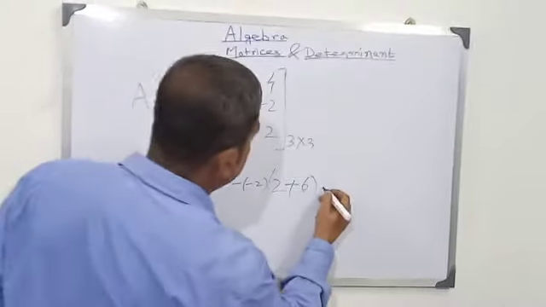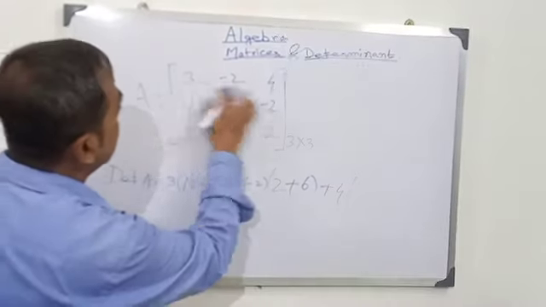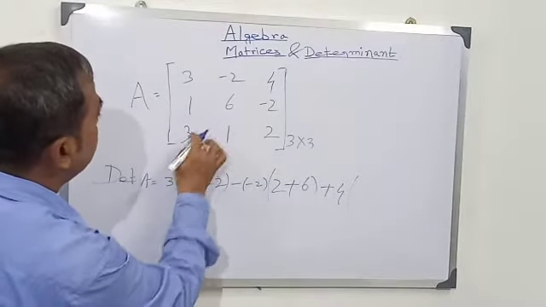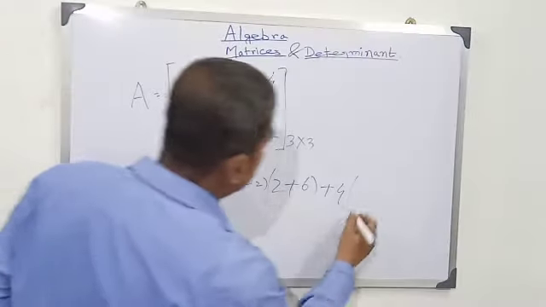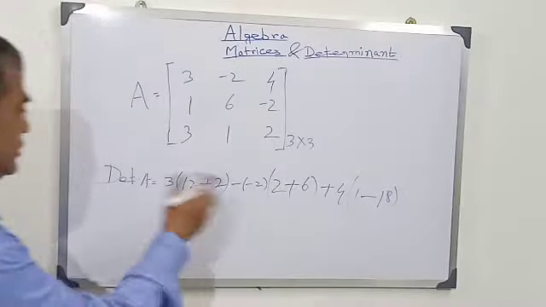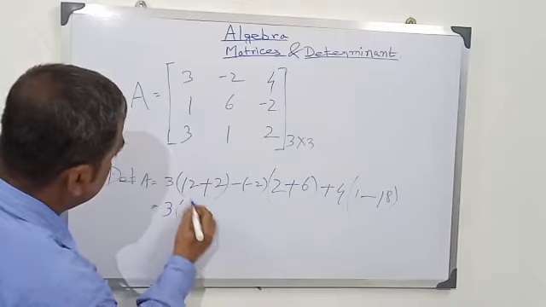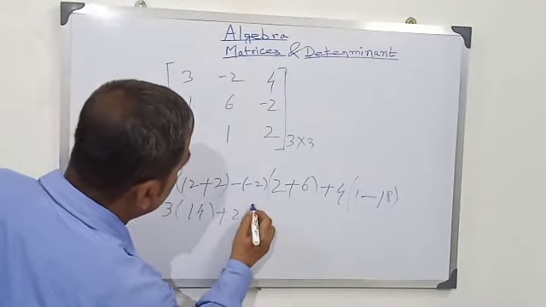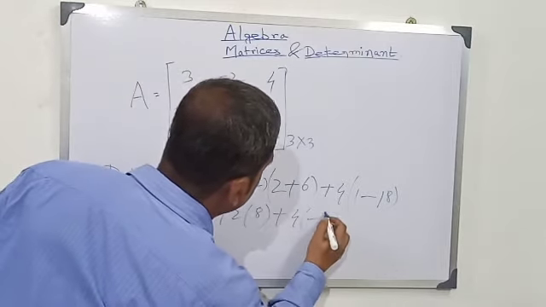Now with 4, that is a13, that is plus 4 into, we are removing this, we are taking this cofactor, that is 1 into 1 minus this, because always this minus this, 1 into 1 minus 18. Now this will become a real number.